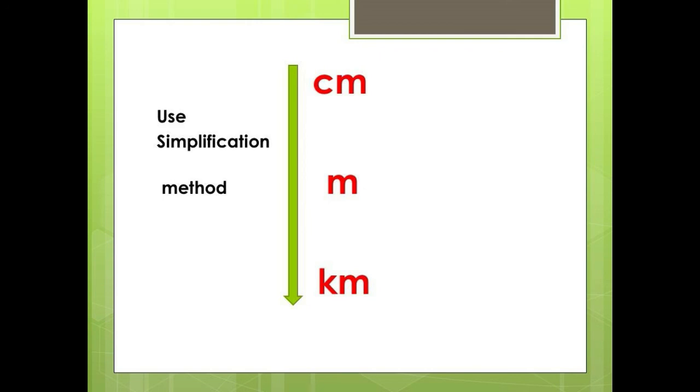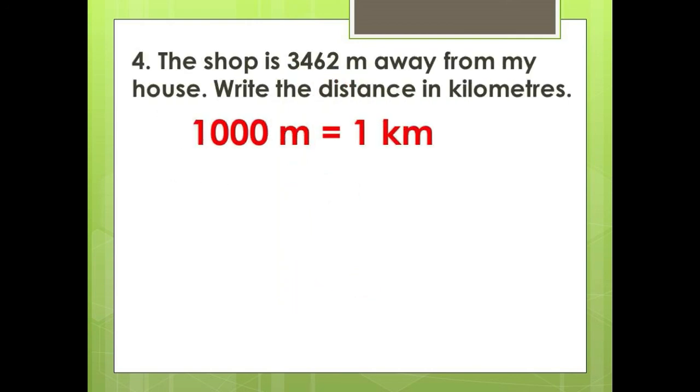simplification method. 1000 meter equals 1 kilometer. In question they have given 3462 meter. That we can separate and write.